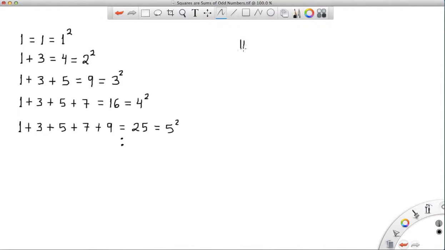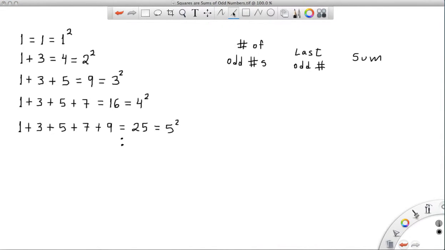So let's put here the number of odd numbers that we're adding, starting always from 1, and then let's just keep track of the last odd number in that sum and the total result, the sum.